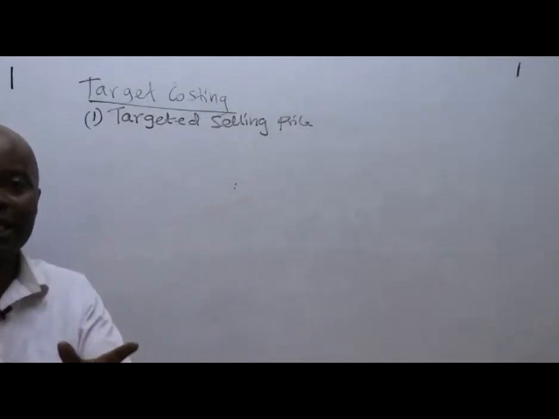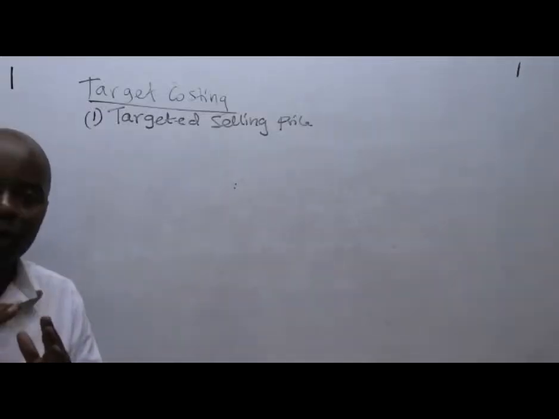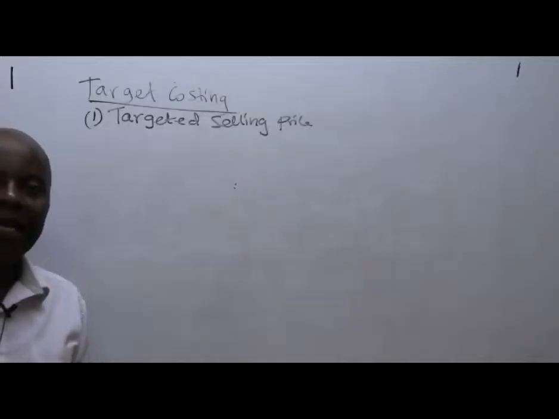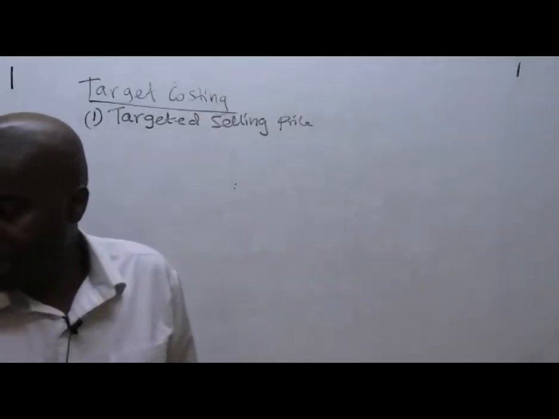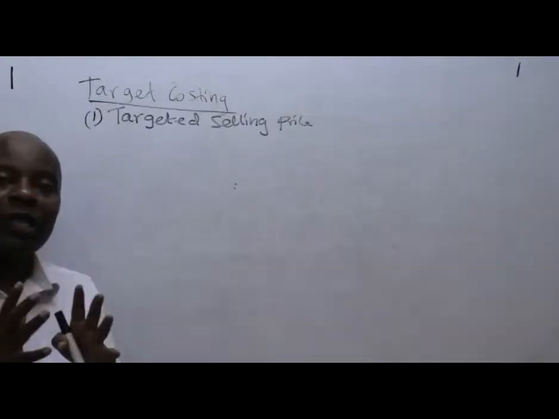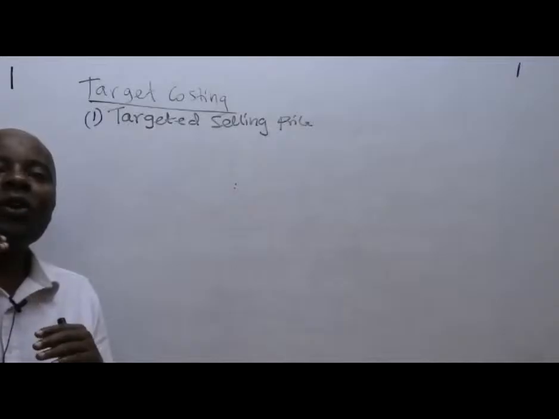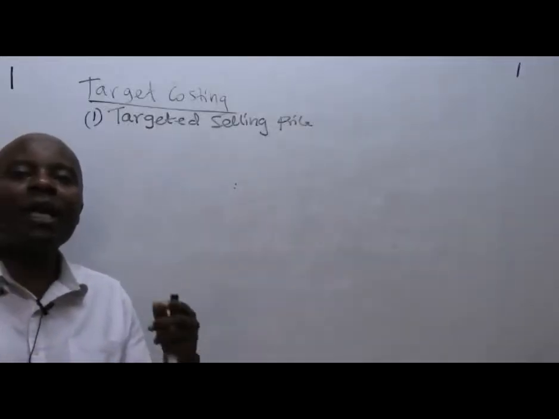for my business. I'll decide whether I would want what we call market penetration price, where I charge a very low price to be able to gain entry to the market, or if it's really a new thing that is very unique, I can decide to charge what we call a market skimming price.